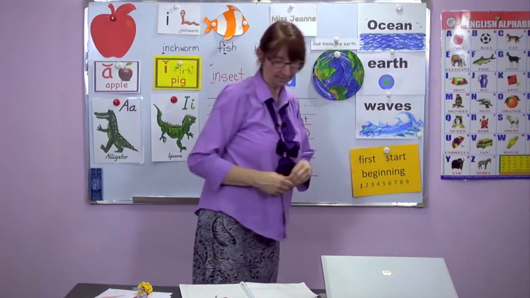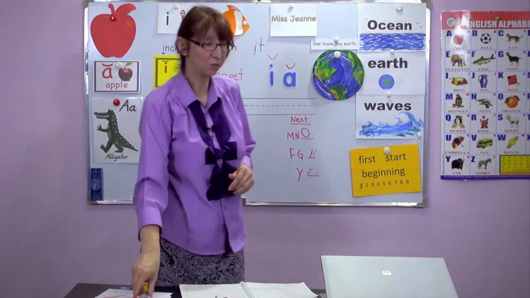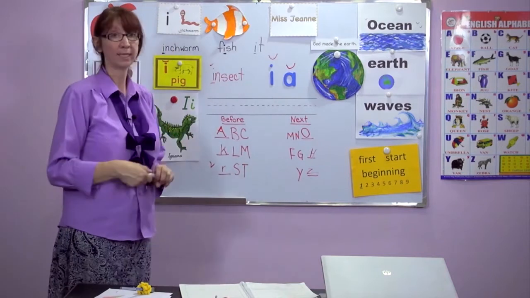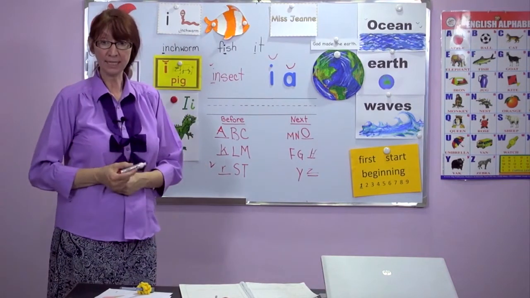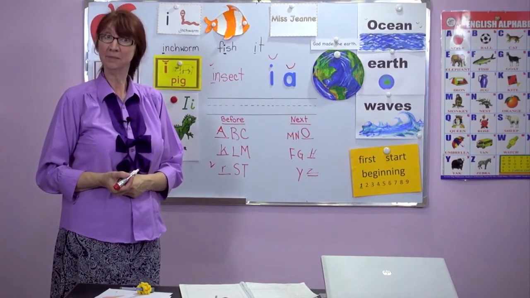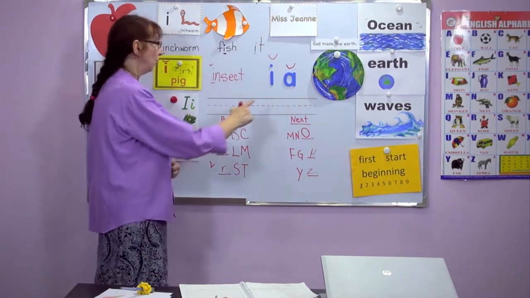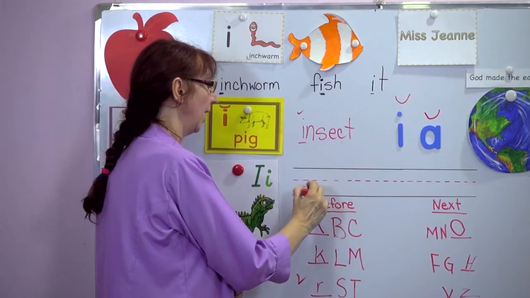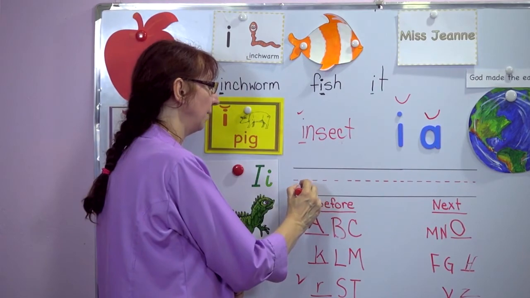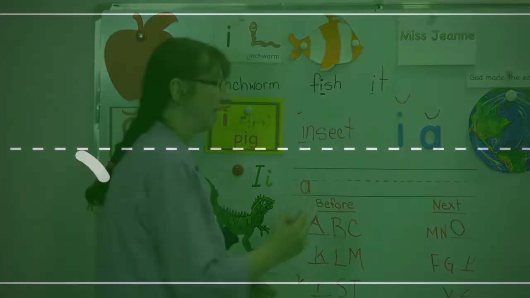Very good. All right. So we are going to learn today for our seat work. We are going to be printing the letter I, just like an insect. We already learned how to do this one, right? We go under the dotted line and we go up and we come down.